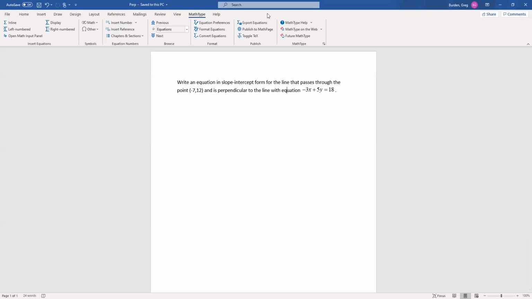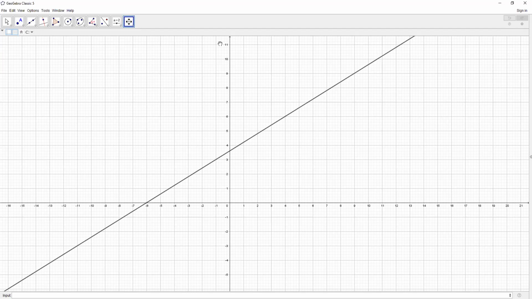Okay, I'll go back to that screen I had up here before, which was the GeoGebra. So this is a freeware program. You can download it to lots of devices, or you can actually run it. You don't need to download it. You can just use a browser and go to the GeoGebra website and work there. So this is GeoGebra Classic 5.